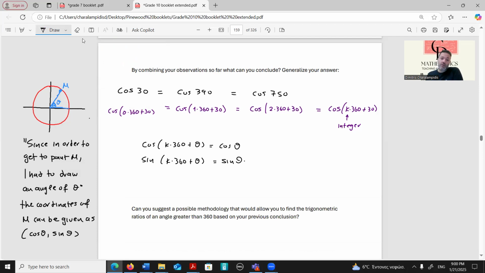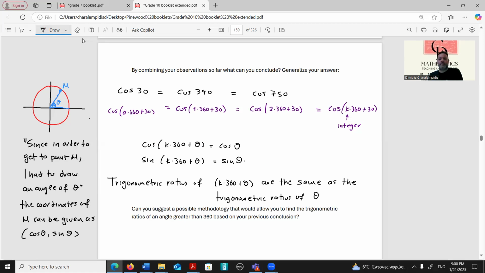In words, we need to remember that trigonometric ratios of k times 360 plus theta are the same as the trigonometric ratios of theta.